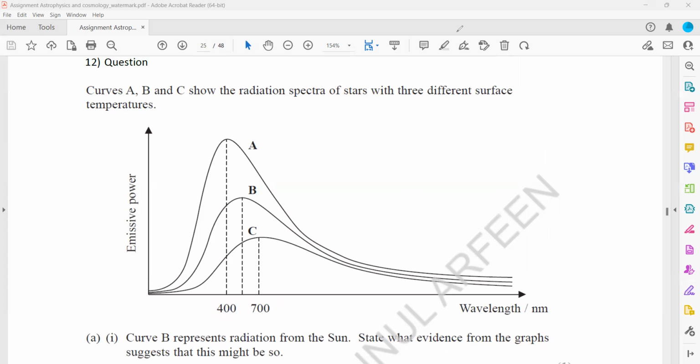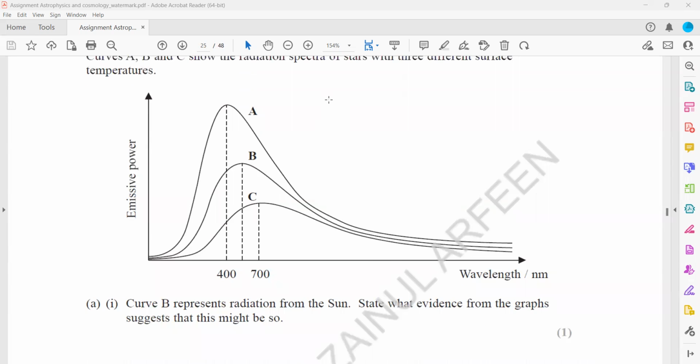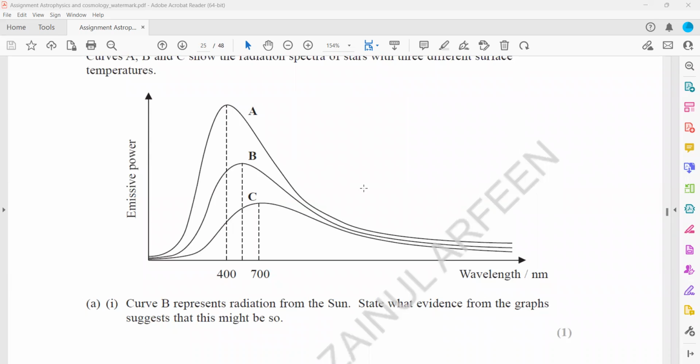The curve B represents the radiation from the sun. State evidence from the graph that suggests this might be so. How is this evidence that the graph is representing the sun? We are able to see the sun, and this is the visible range, from 400 nanometers, which is violet, to 700 nanometers, which is red.